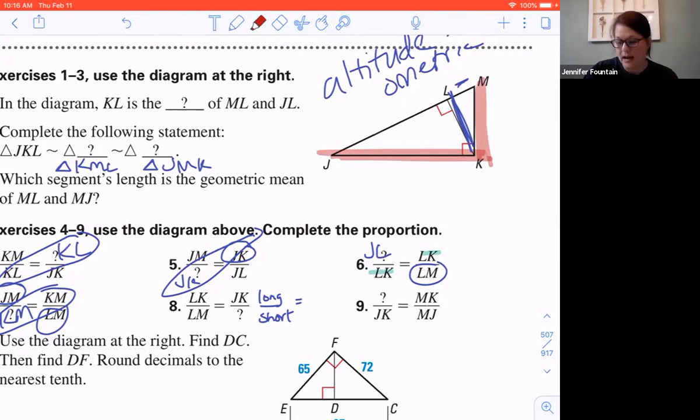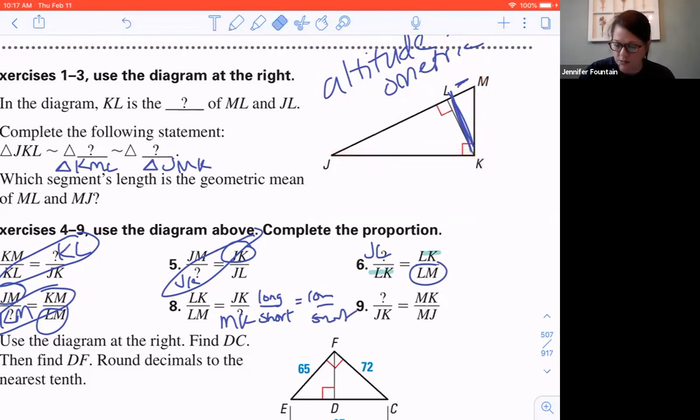I would go ahead and call it MK just to be in corresponding order. So I'm going to have MK. So we did long over short equals long over short. Again, you've just got to look and see what is the order of the first ratio in the proportion. Long over short is equal to long over short.